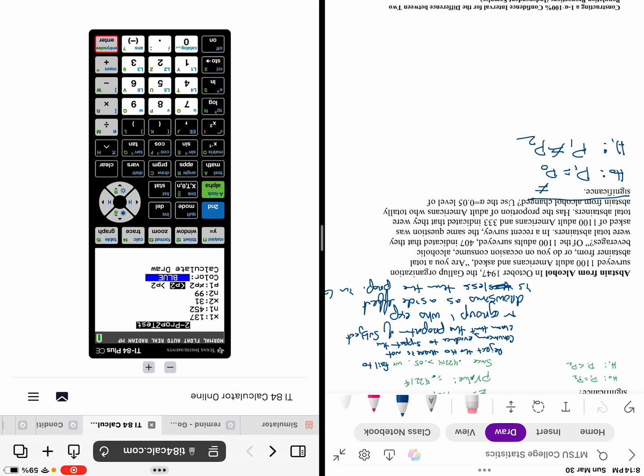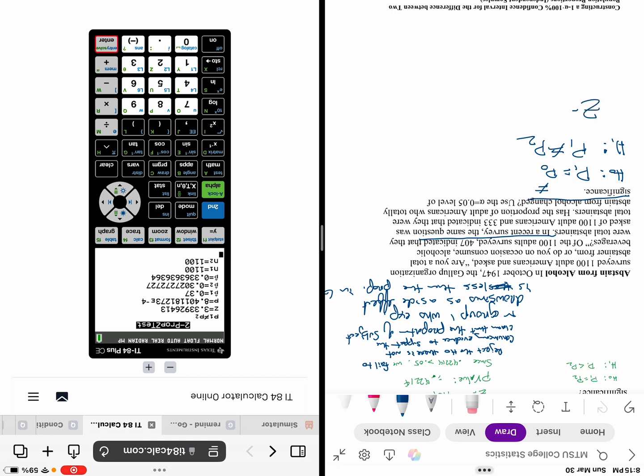So the first survey, that would be the P1. So 407 and 1100. The second survey would be the 333 and 1100. And then we're doing the not equal to.